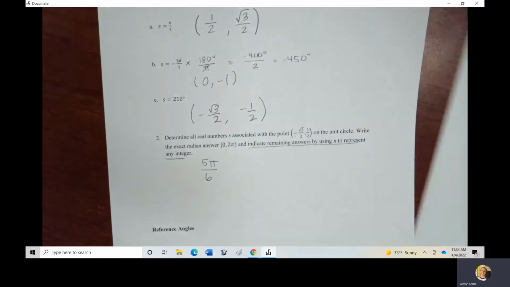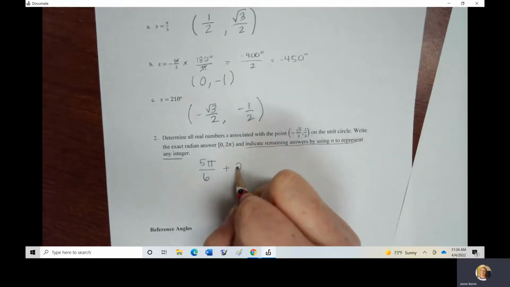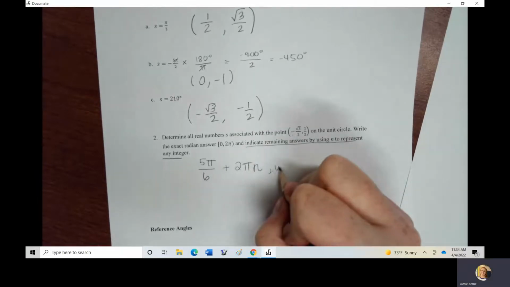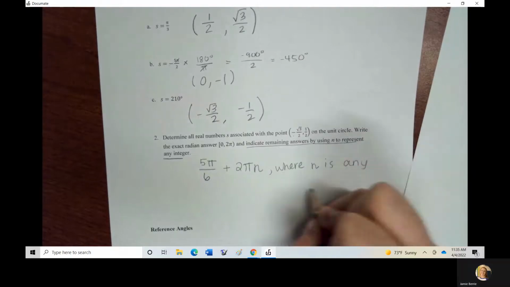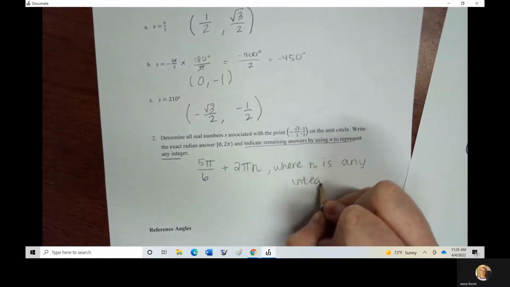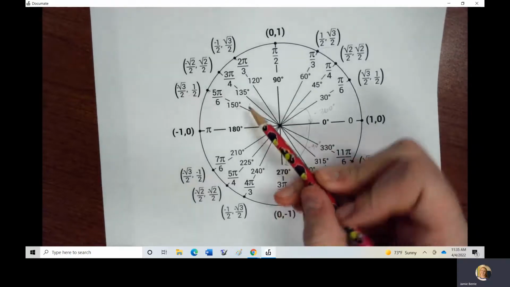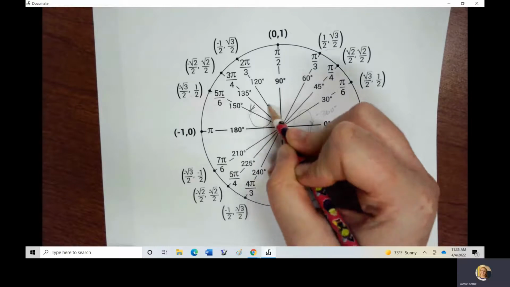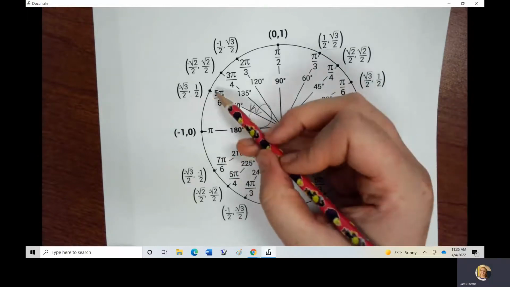So we can indicate the remaining answers just by adding 2 pi times n, where n is any integer. Again, if we continued to revolve around that unit circle, the coordinate is going to remain the same, but the angle will change.